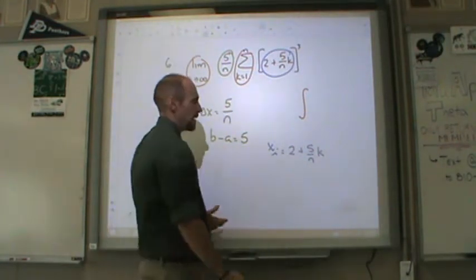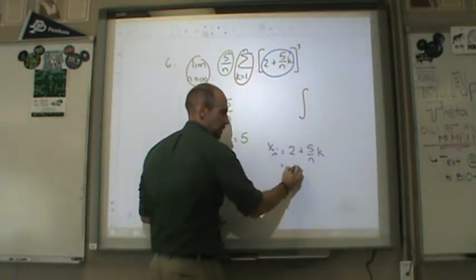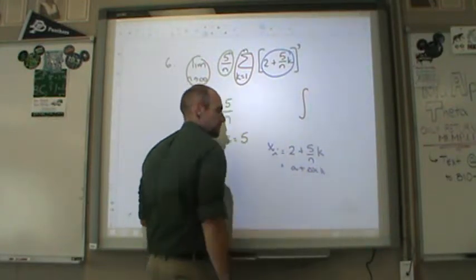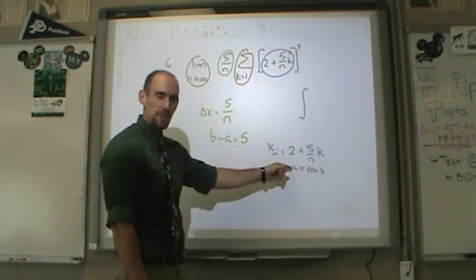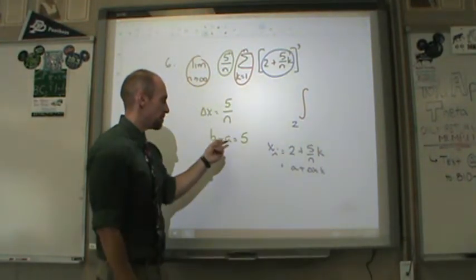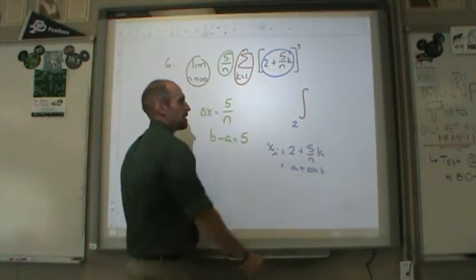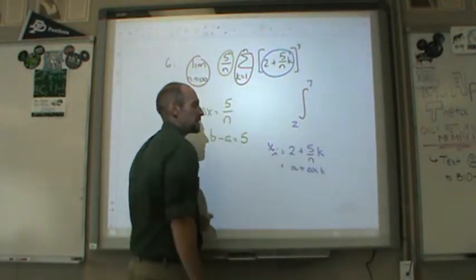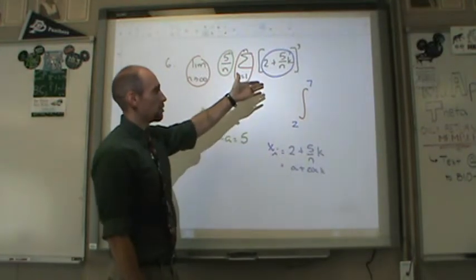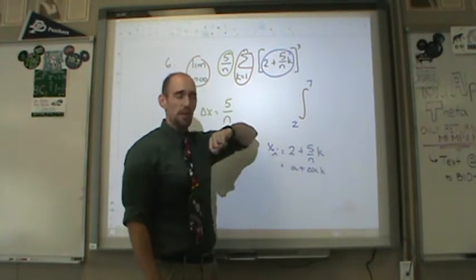Well, if I look at that, based on my equation for x sub i, which is a plus delta x times i, or k in this case, a must be 2. So if a is 2, and we know the difference between b minus a is 5, my upper limit must be 7. So now, based on all this that's circled, the only thing left is the cube.